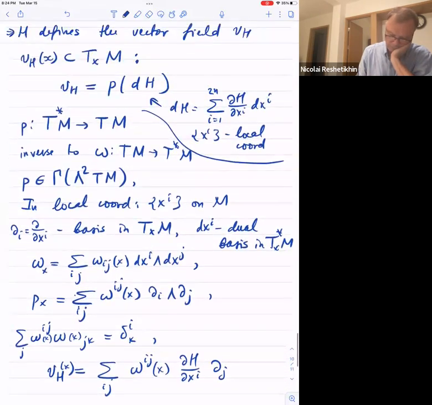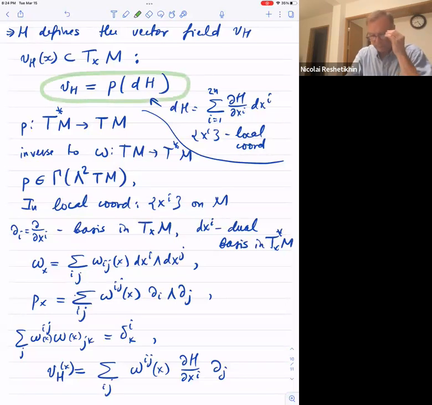Okay. So this is where we started. That's the invariant definition of the Hamiltonian vector field generated by H. This is the name of V_H.